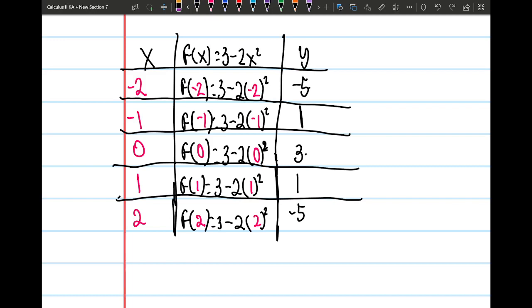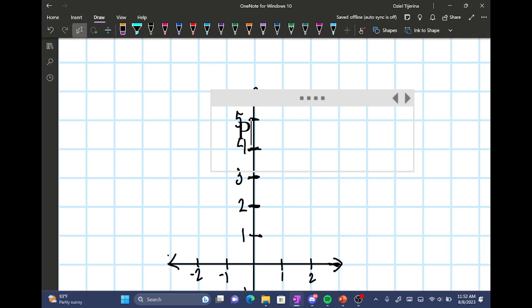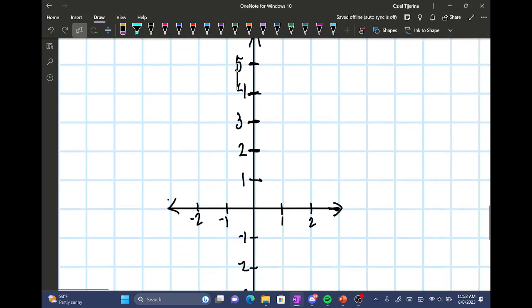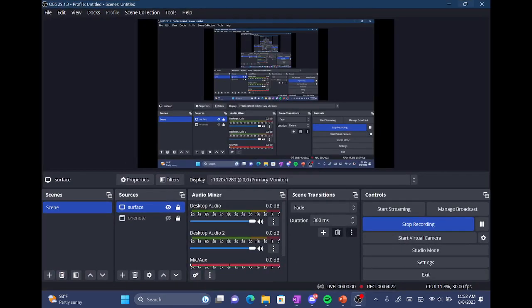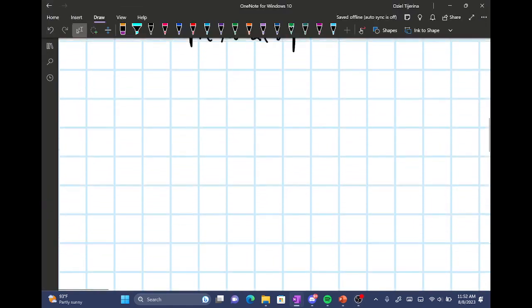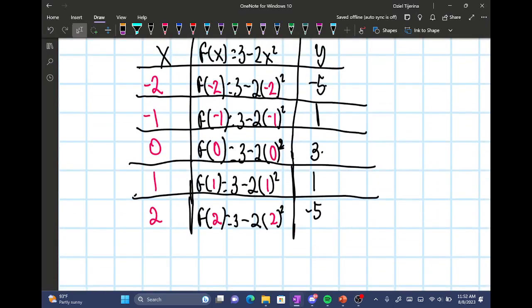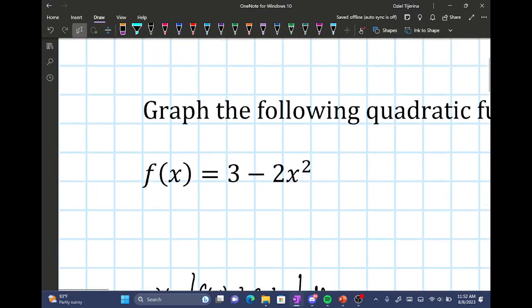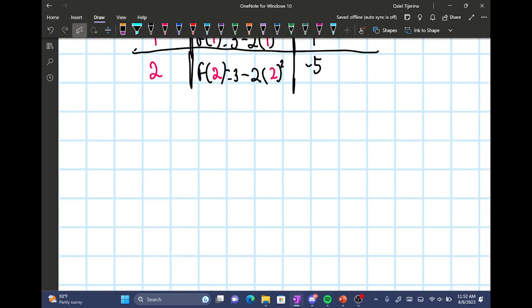So then we're going to go ahead and draw our graph. Okay, here we have our graph, and now we're going to plot the points. The points that we are given are -2, -5. We're going to just write them down.